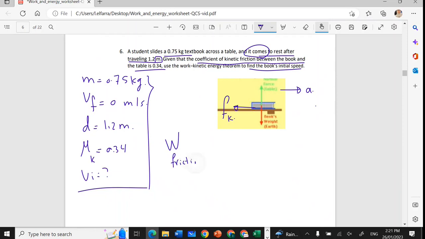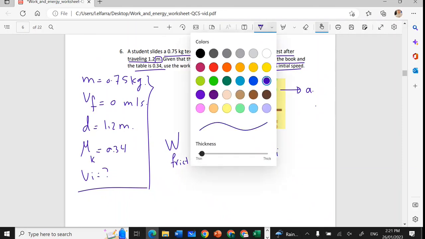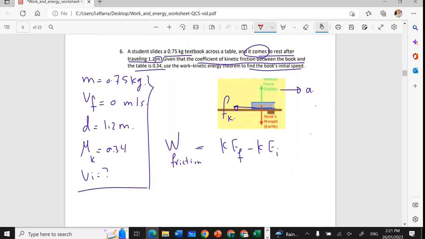So this will equal kinetic energy final minus kinetic energy initial. Now we said the final velocity equals 0, so that means the kinetic energy final is 0. How can I find W? W is the force of the friction times the displacement or distance, and the work due to friction is always negative. So this will be negative, equals half m v initial squared.